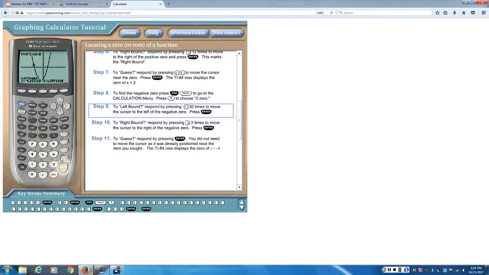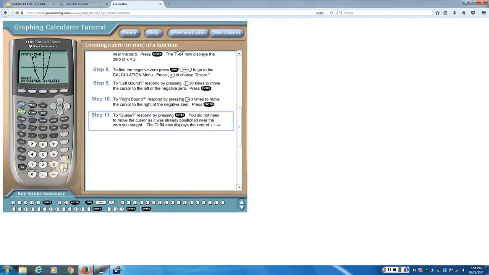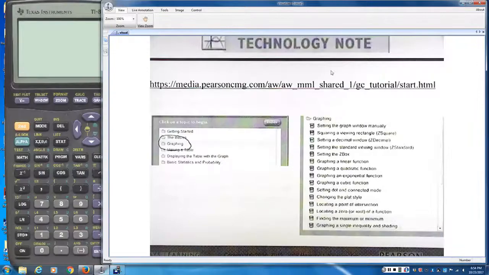So I'm to the left of it now, and I move my cursor until I'm to the right of it, and press enter and it goes right to it. So that's how the tutorial works. It's really very handy and very useful to you. So just be aware that that's there.